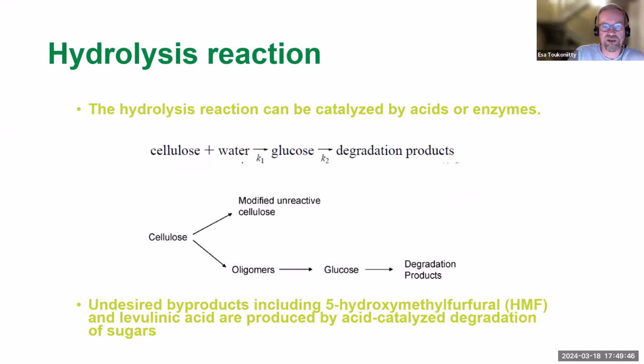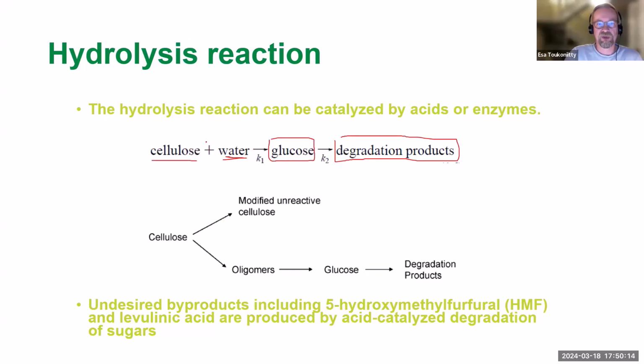This is the thing that I mentioned to you, that you can get degradation products. So these are unwanted products. This is kind of a consecutive reaction where the starting material, the cellulose and water, are reacting and breaking into glucose monomers.